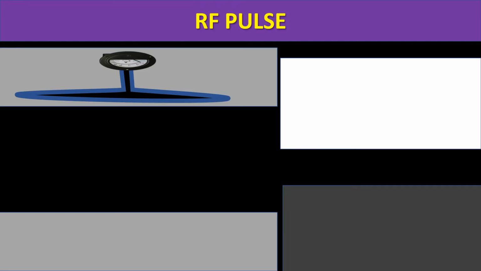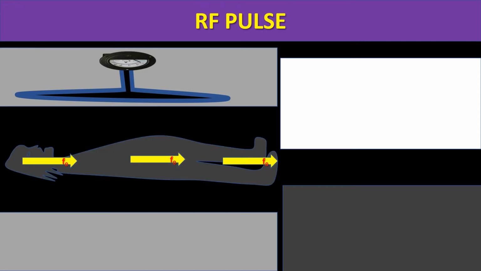Now, to understand this, we see how the image is formed. We know that when we keep a human body within an MRI machine, the hydrogen protons within the human body will have a particular frequency. This is nothing but precession. Precession is the rotation of the hydrogen protons on their own axis when we keep them in a magnetic field.